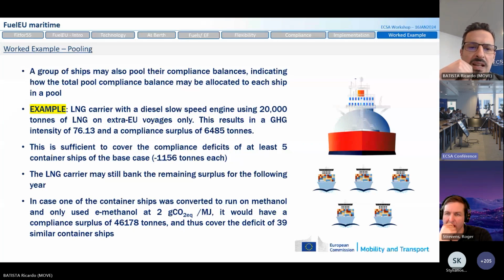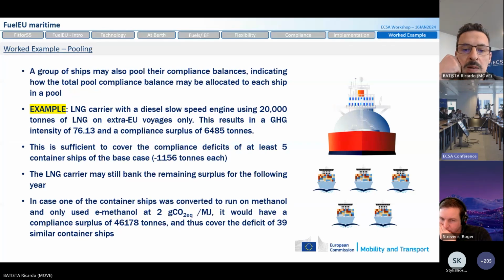In this example, an LNG carrier with a slow-speed diesel engine using 20,000 tons of LNG on extra EU voyages will be able to achieve a significantly low greenhouse gas intensity with a significant compliance surplus.